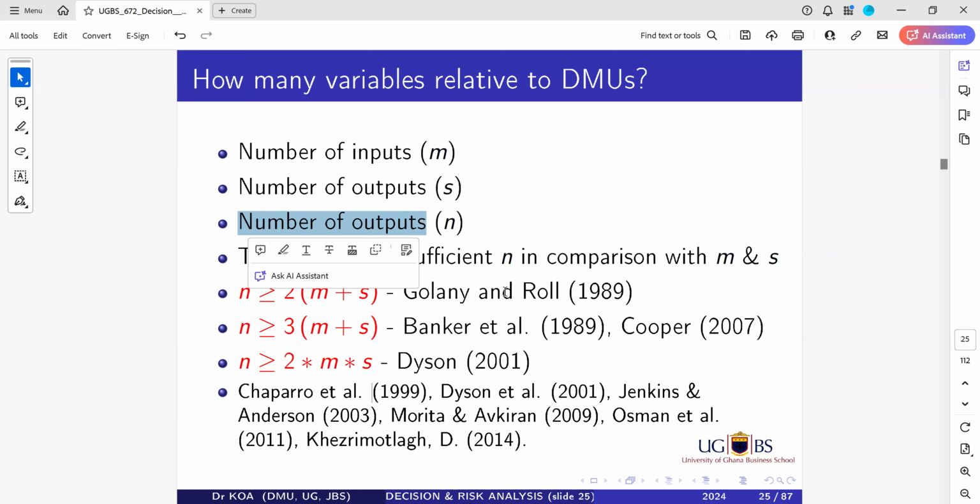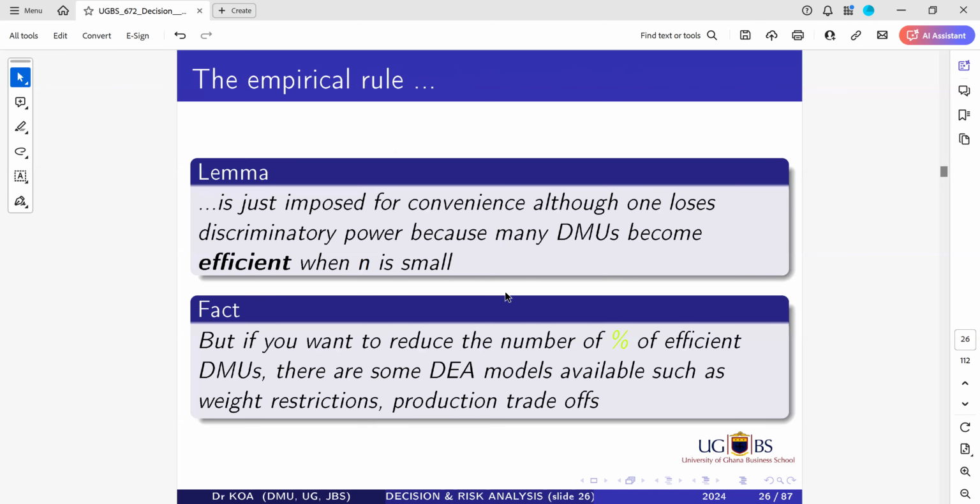So the curse of dimensionality, what is that? Emily, you should have an idea about the curse of dimensionality. Okay, Dinah, the curse of dimensionality.